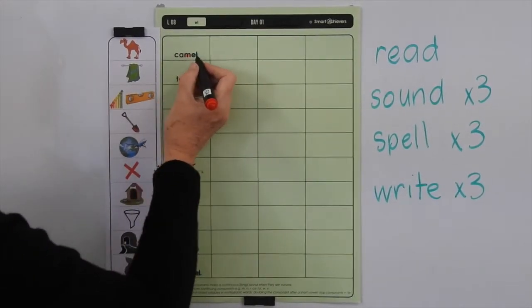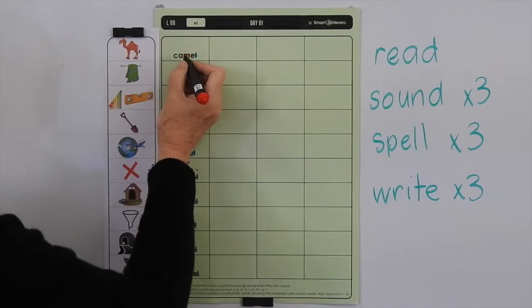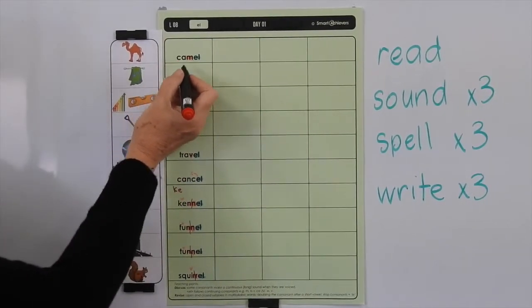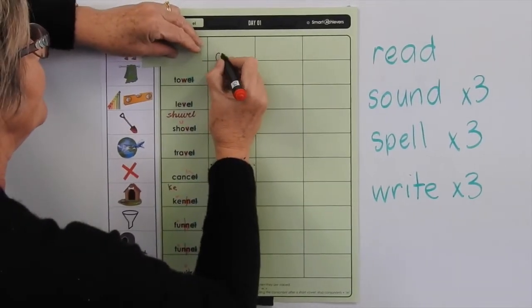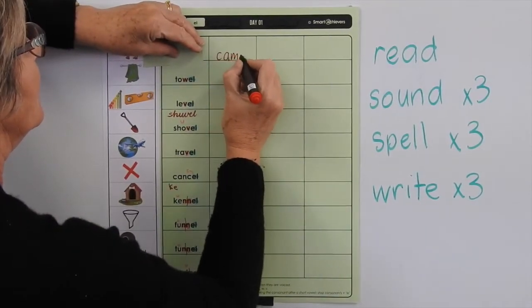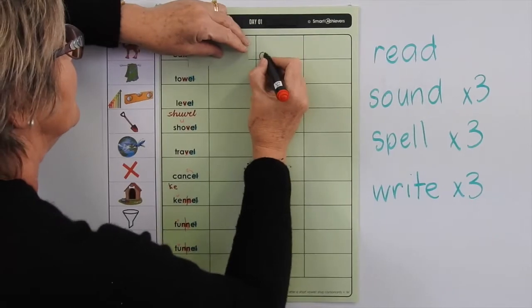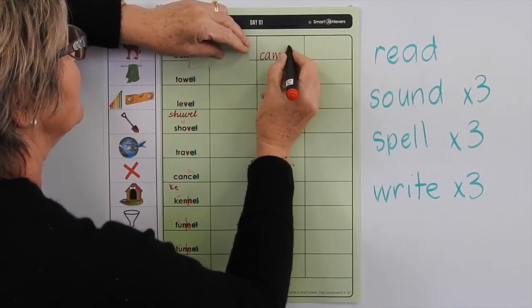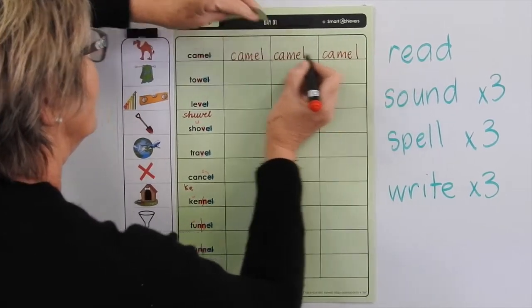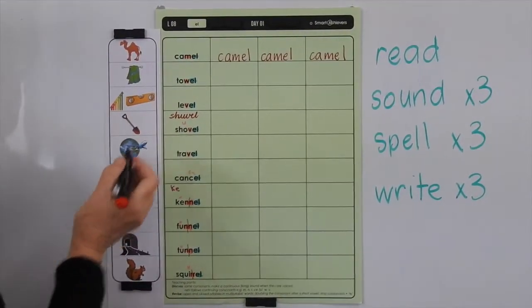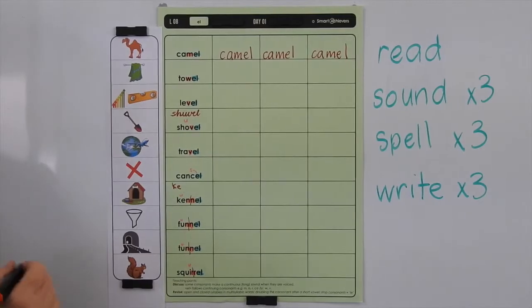Okay, camel, C-A-M-E-L, C-A-M-E-L, C-A-M-E-L, and then you write it 3 times and then check to see if you've done it correctly. You can finish the rest of that on your own.